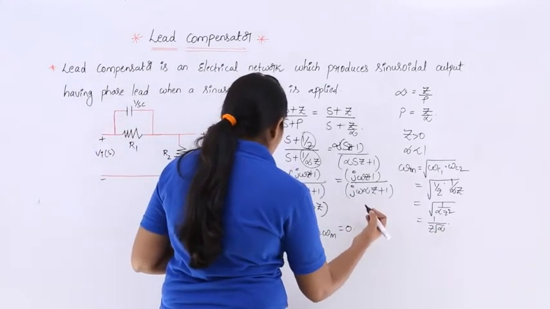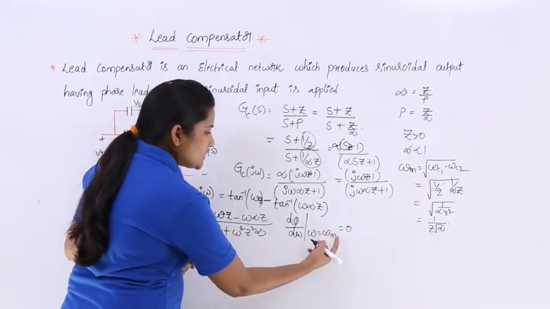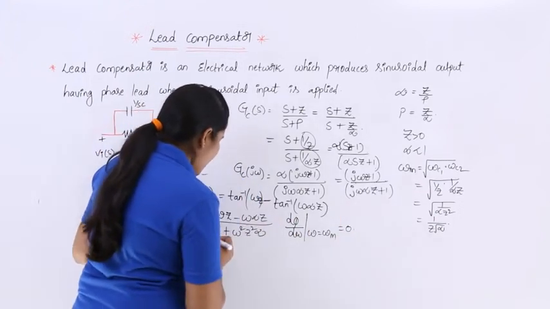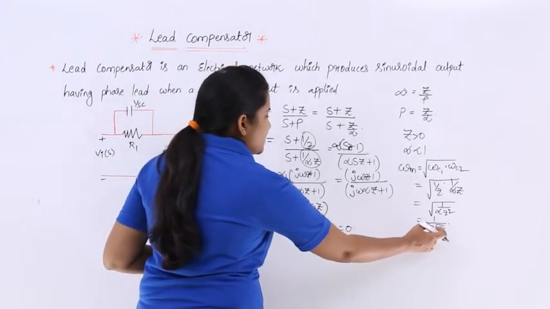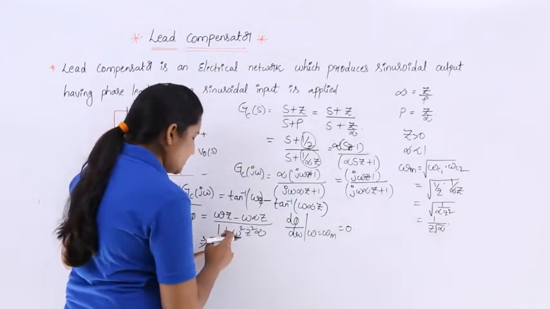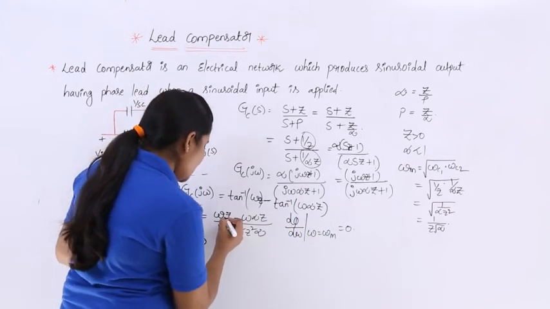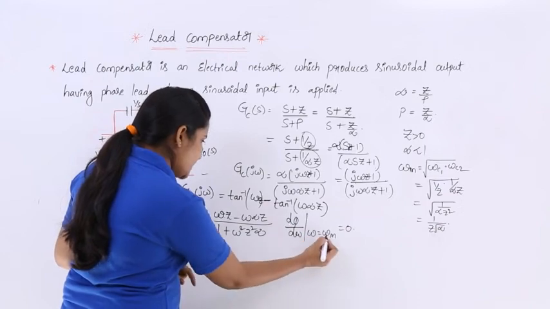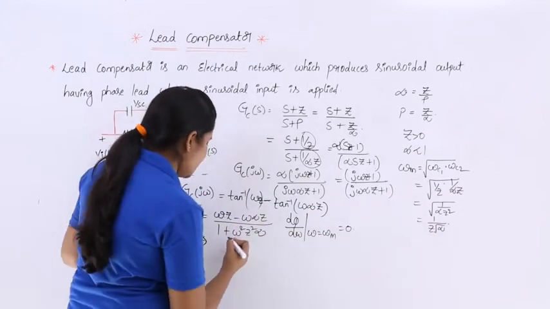So here you are getting like this. I am just substituting omega equivalent to omega m. So I am making this condition, you can see. So I am considering 1 by z root alpha in place of omega m.